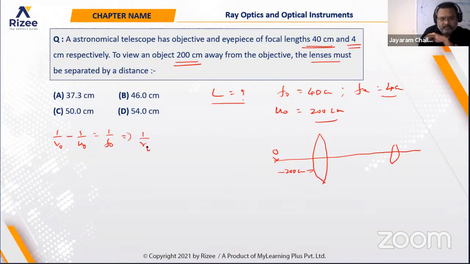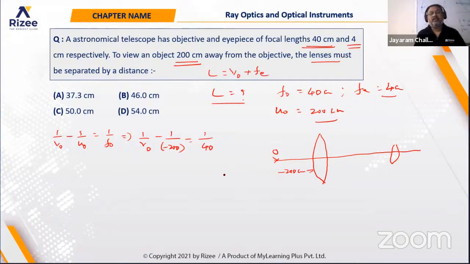I don't know where the image is going to be, but the object is at a distance of minus 200, since the object is on the side of the light emerging. Why are you calculating all these things? Because you need to calculate L. To get the L value, we need two values: v0 and fe. So I am trying to get v0.